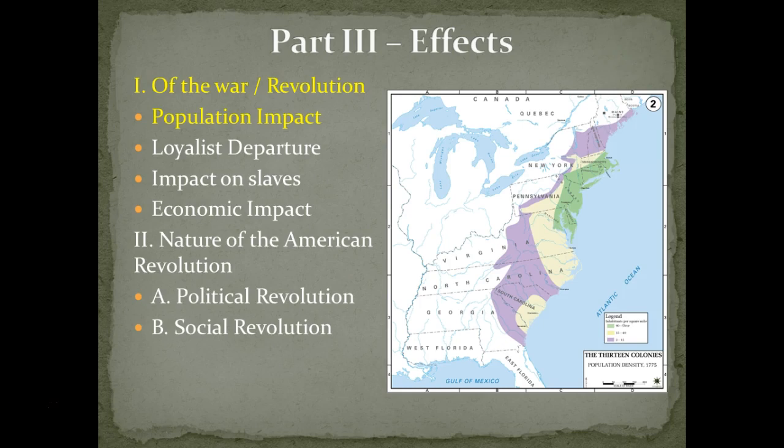To put it in perspective of percentages for our current society, we would be talking about 1% of our population being 3 million people. Okay? So imagine 3 million Americans dying in a war. That's going to have horrendous effects all throughout.